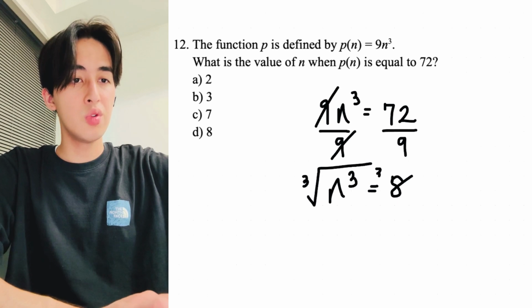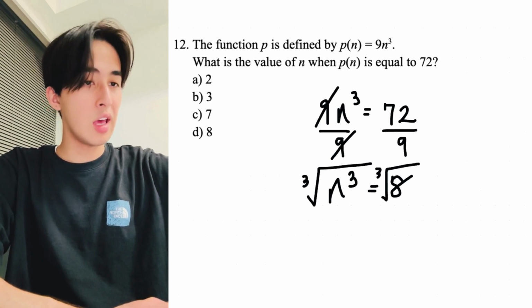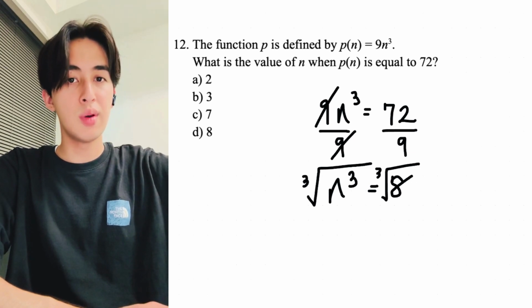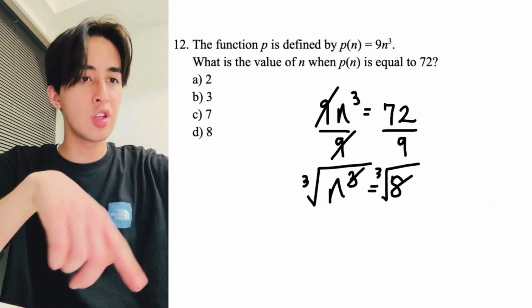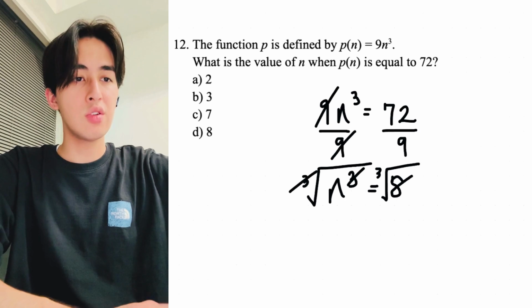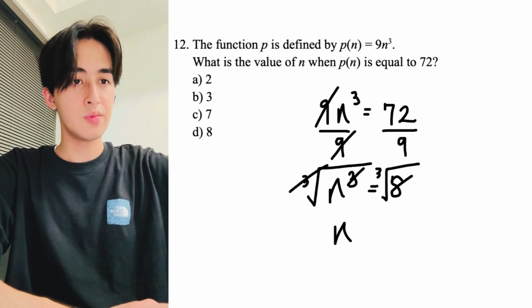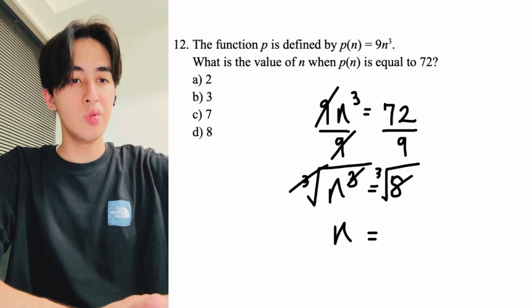The cubic root will cancel out with the cubic sign. So this 3 and the cubic root will cancel out, leaving just the n. And the cubic root of 8 is 2.